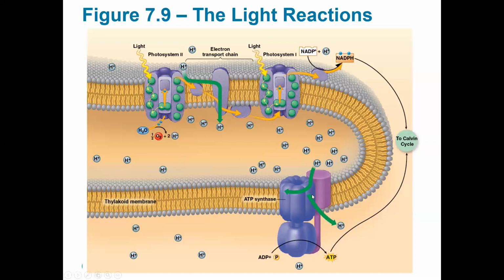And as it turns, hydrogen ion will be released into the outer membrane space. But it will cause this wheel to turn, and it will bind ADP and phosphorus to create ATP. So just like in cellular respiration, here in the ATP synthase of photosynthesis, a lot of ATP is produced in this step, a lot of ATP.